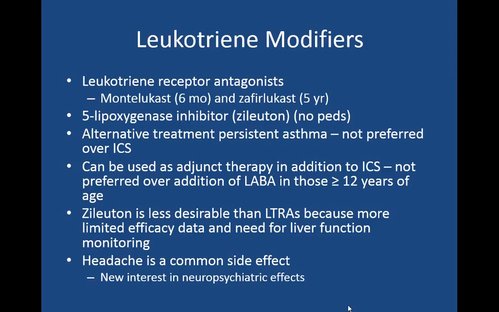When you increase from low dose to medium dose steroids, that step gets more narrow. So they don't get double the benefit by going from low dose to medium dose. It's less beneficial. And when you go from medium to high, the change in benefit is almost negligible. So all you're doing for those patients is increasing the risk of side effects, but you're not really giving them any more effect.